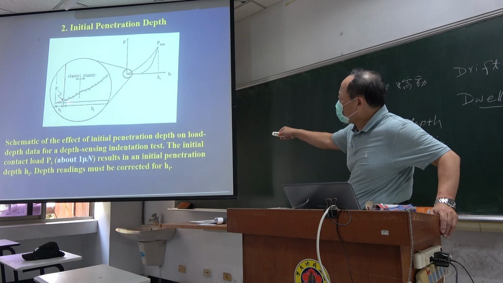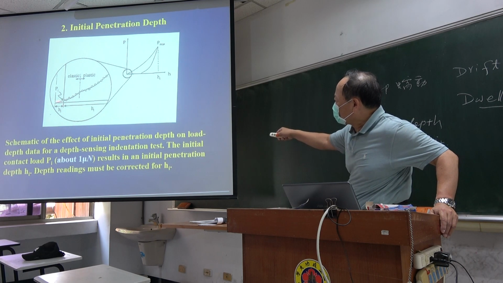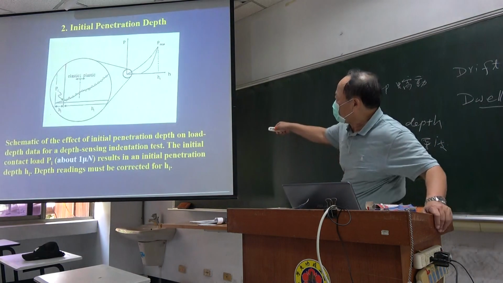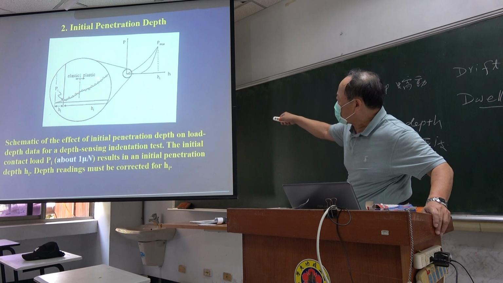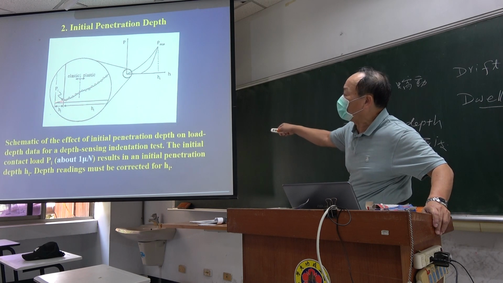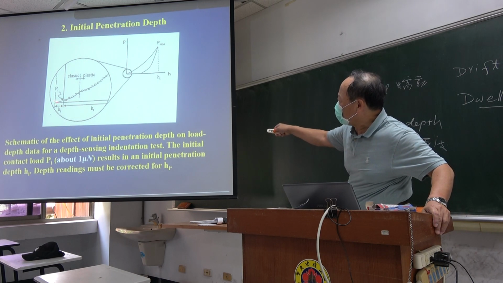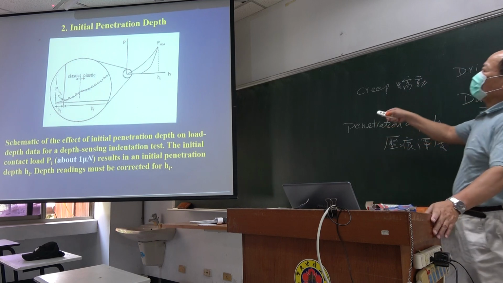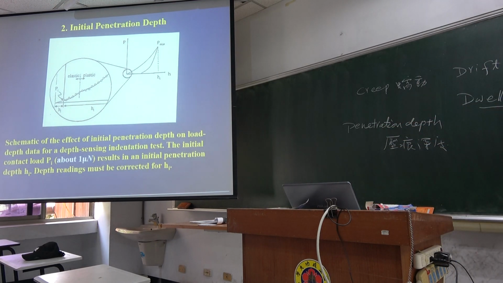Okay, in this region we don't have experimental data. With this extrapolation, we just extend the solid curve outward. This outward extrapolation will intersect with the axis, and then we obtain this value. This value we call the initial penetration depth.